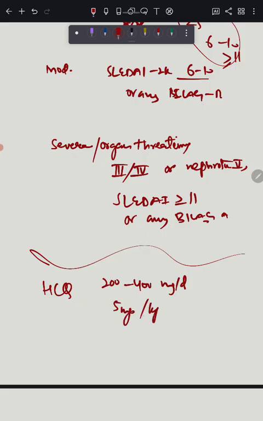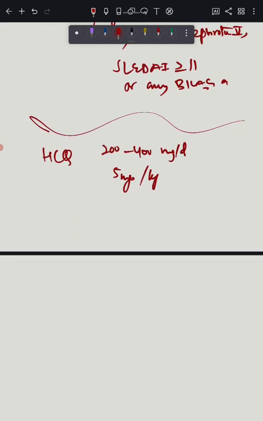Baseline and annual eye screening after 5 years is to be done. And for mild disease, that is mucocutaneous or musculoskeletal symptoms, what you offer is HCQ plus or minus NSAIDs. And you can also add low dose prednisolone, that is less than 7.5 milligrams per day, short term only.